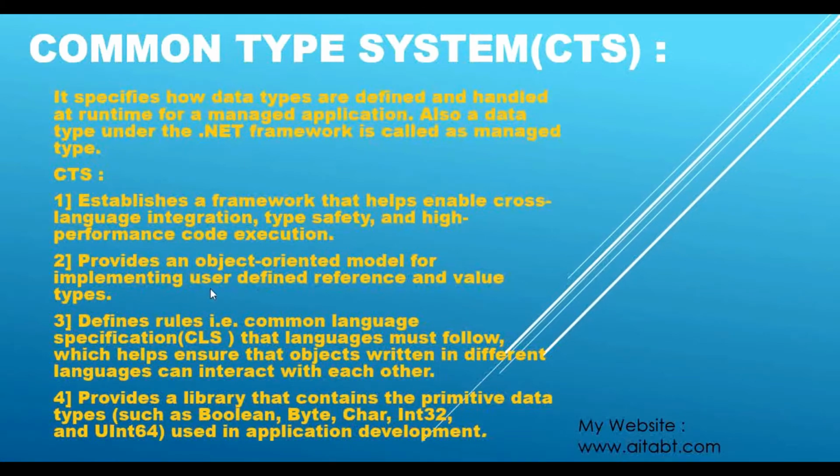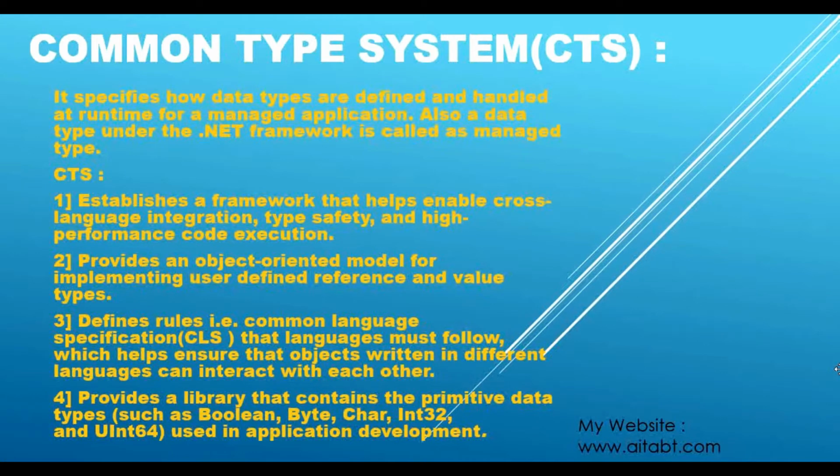Second, it provides an object-oriented model for implementing user-defined reference and value types. We will be talking about what reference types and value types are. To define our reference types and value types, it provides us one object-oriented model which helps us build them. Third, it defines rules, that is the common language specification.